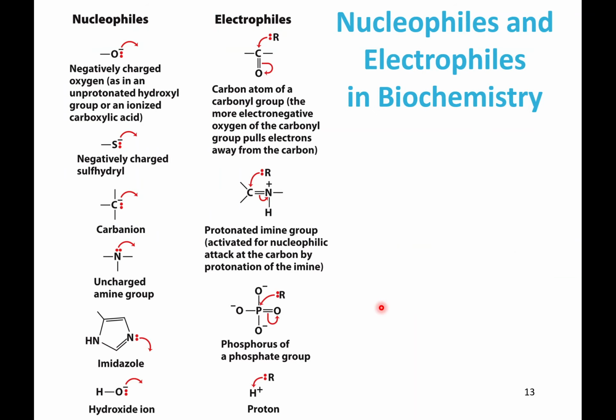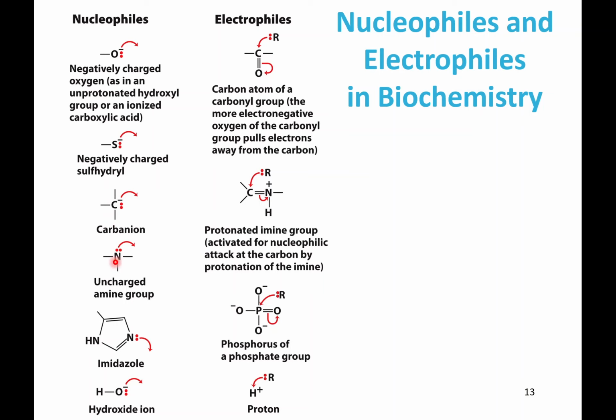Going a little deeper, nucleophiles are things that have unpaired electrons, or even things that have a complete negative charge on them. Oxygen is one, and sulfur in the form of a sulfhydryl group. Carbanions, where the carbon has a negative charge, we'll see examples of these.